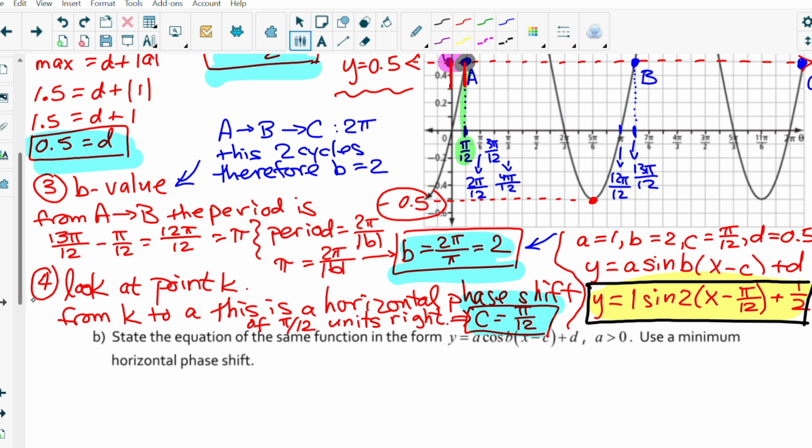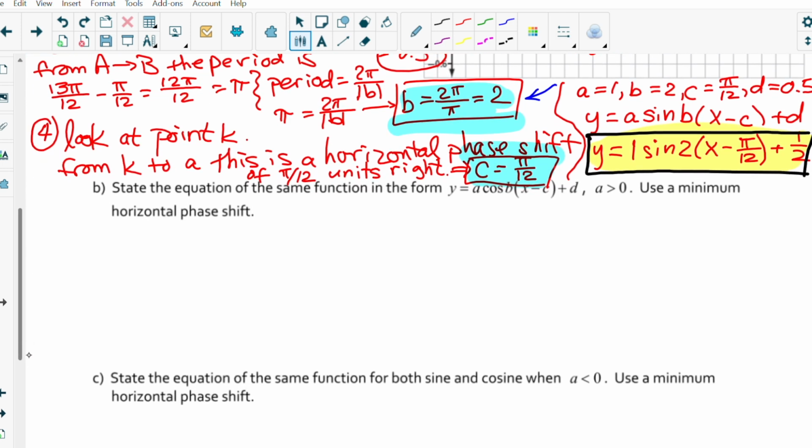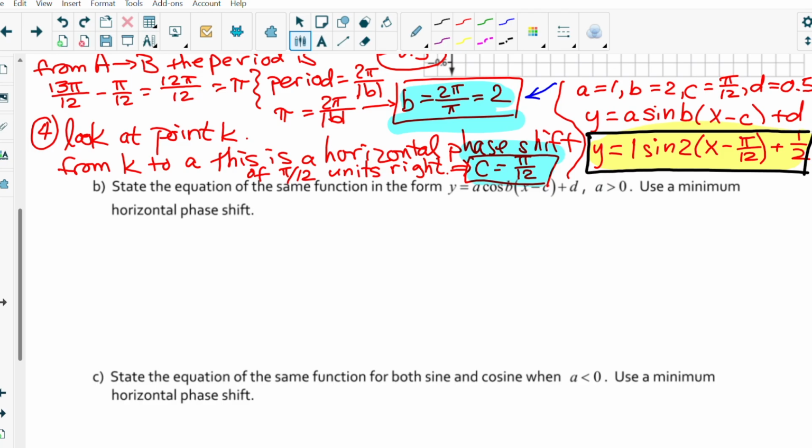There's a second part to this, part B. Actually, there's three parts to it. State the equation of the same function in the form y equals a cosine of b times x minus c plus d, where a is greater than 0. Use a minimum horizontal phase shift. Originally we had y equals sine of x.